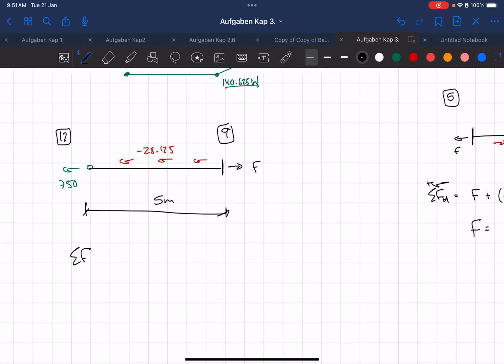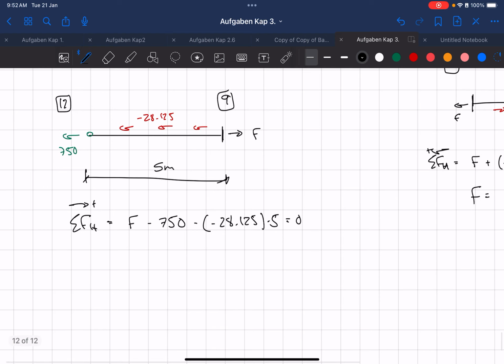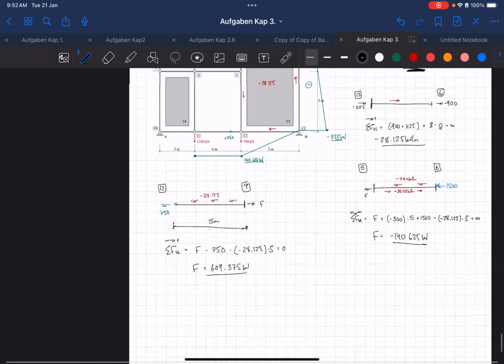Let's do some FH. So, F minus 750 minus 28.125 times 5 equals 0. Gut.